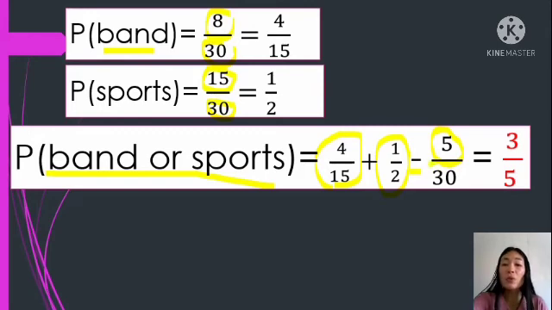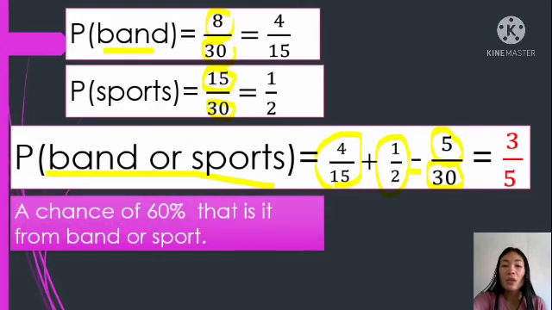So we have to subtract 5/30 because this has been already counted on the event of band and sport. 4/15 plus 1/2 minus 5/30 equals 3/5, or a chance of 60% that we can choose a student either from band or sports. Okay.